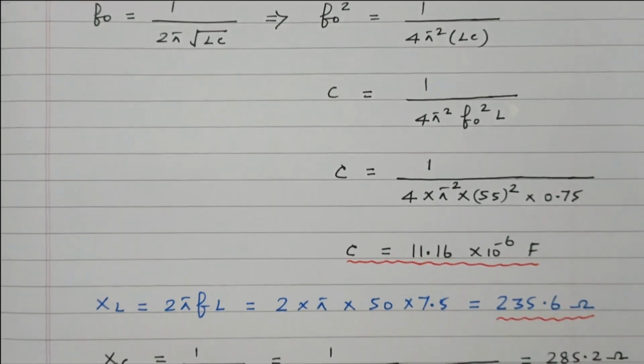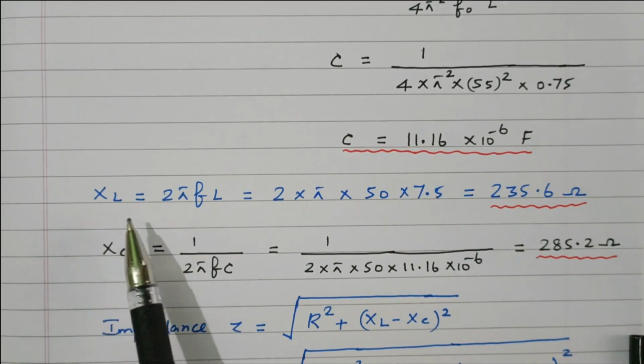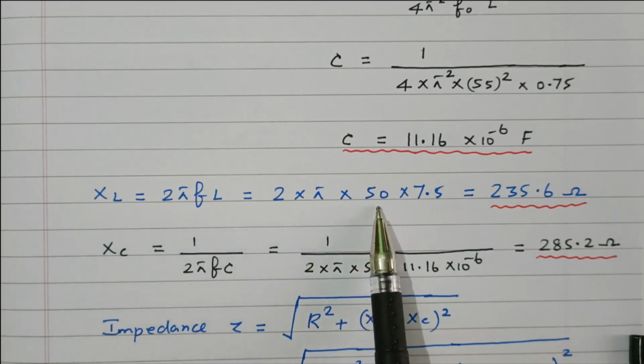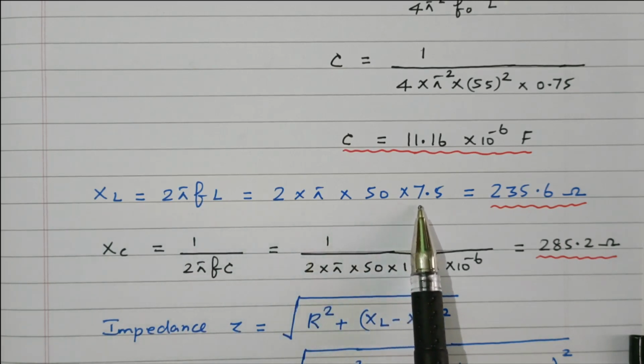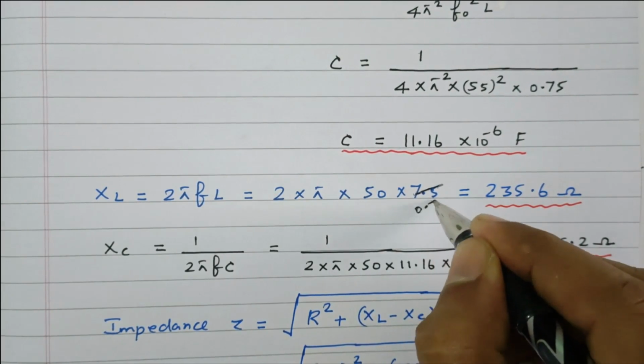Now we can find XL and XC, the inductive reactance and capacitive reactance. We know that XL equal to 2 pi FL. So 2 into pi into F, which is 50, the supply frequency, into L, which is 0.75, not 7.5, it is 0.75.